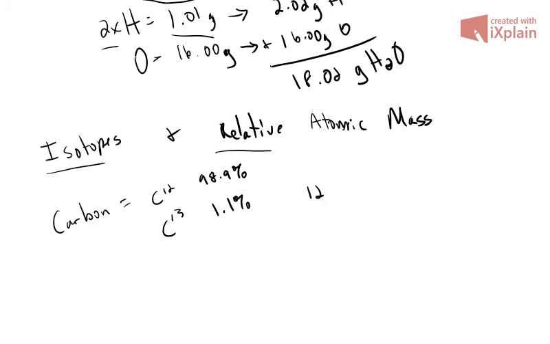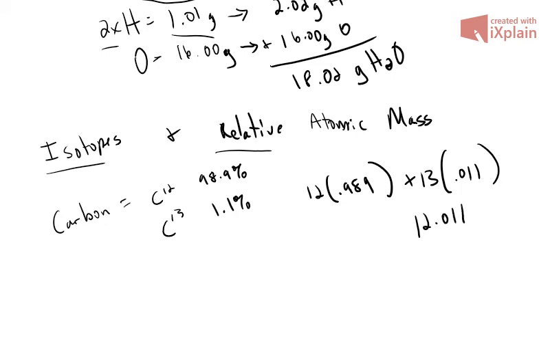So we take the mass times its percent abundance, 12 times 0.989, plus 13 times 0.011. Okay, when we add those together, we get 12.011, which by golly is the mass on the periodic table.